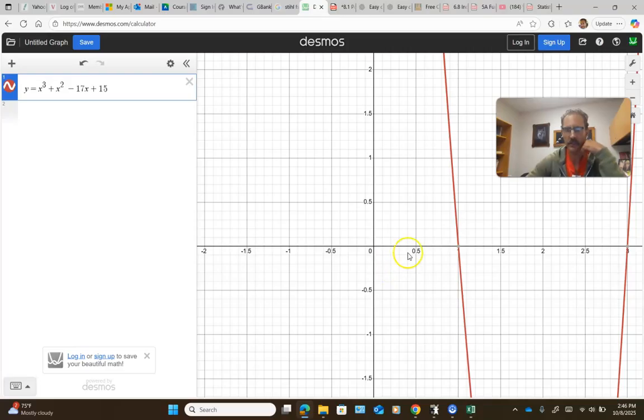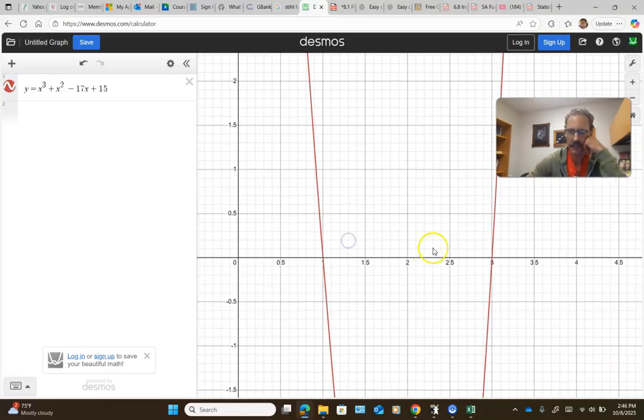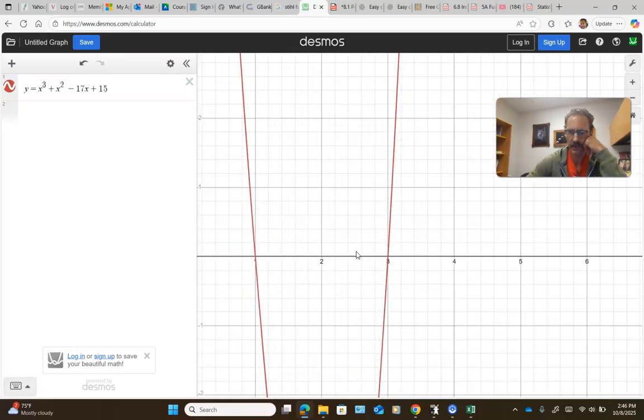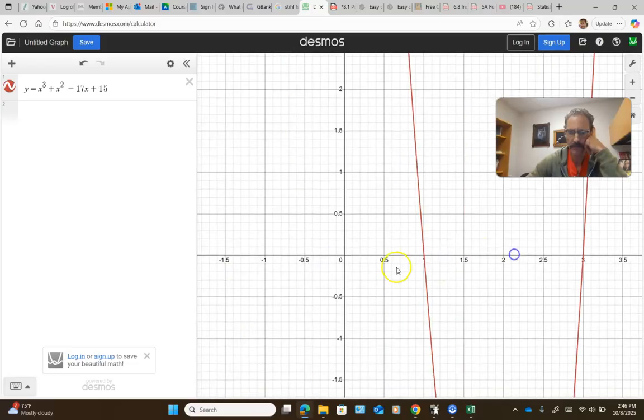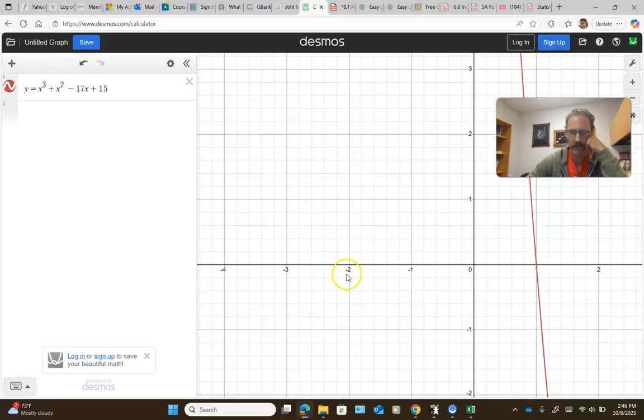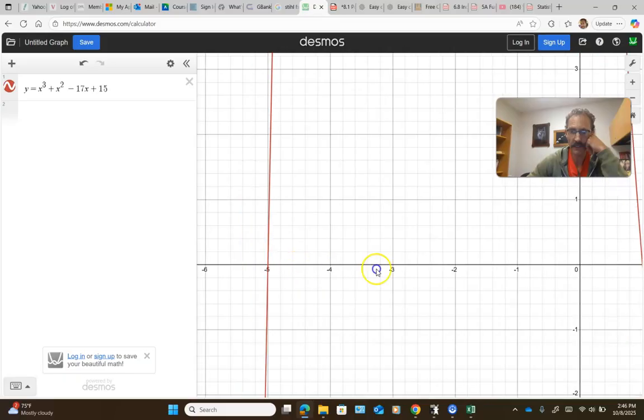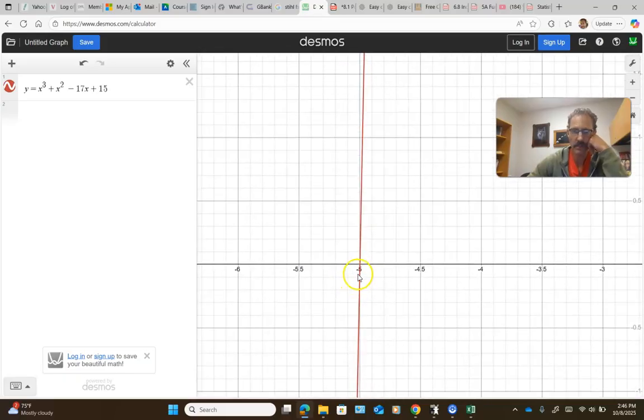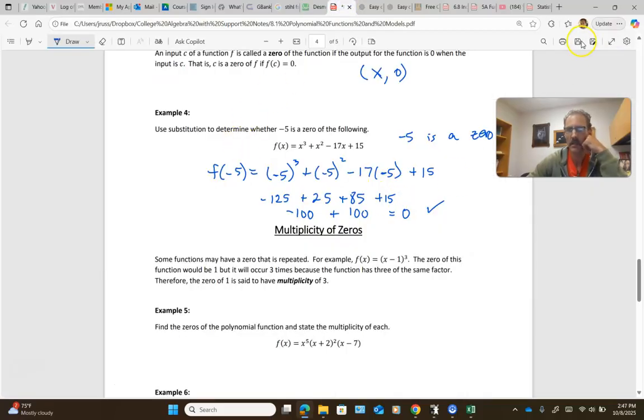Okay, there's the function. Let's inspect it. I was looking on the wrong side. Negative 5. In fact, it does cross the x-axis. See that? At negative 5. So that just confirms that negative 5 is a 0 in that particular function.